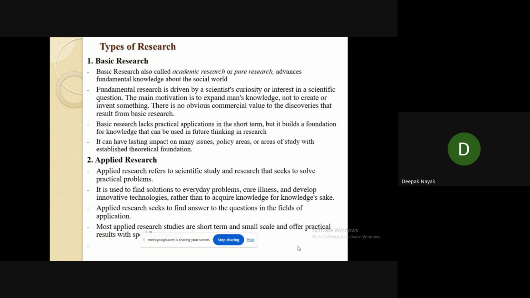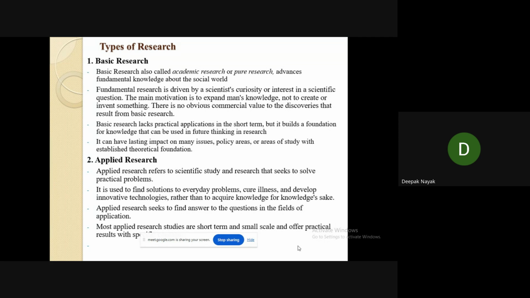The research is basically to gain knowledge, regardless of the need of the research, regardless of the necessity of the knowledge in the current context.